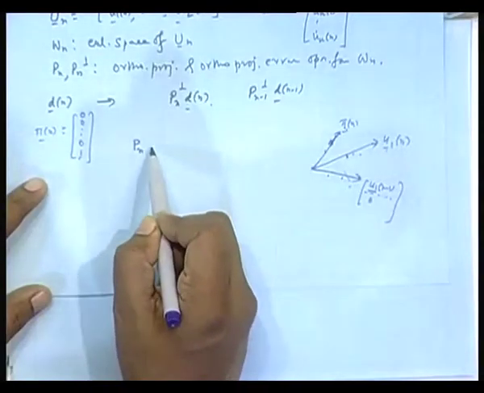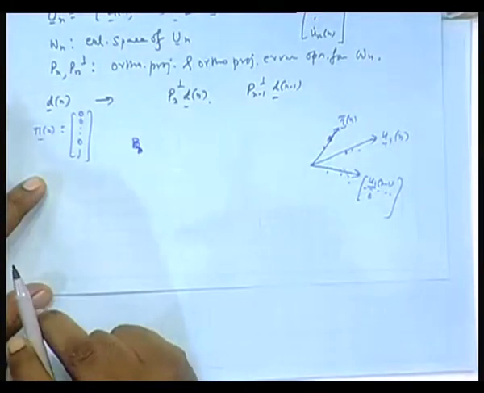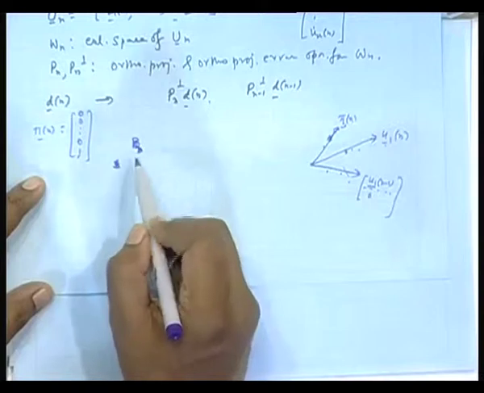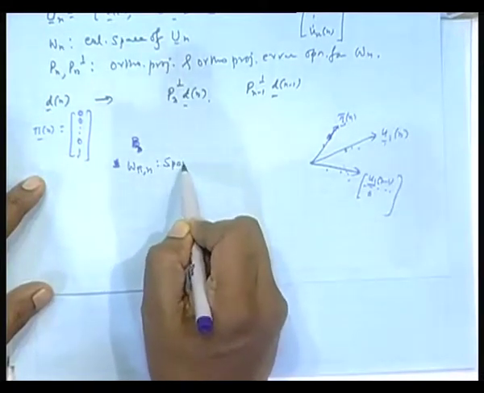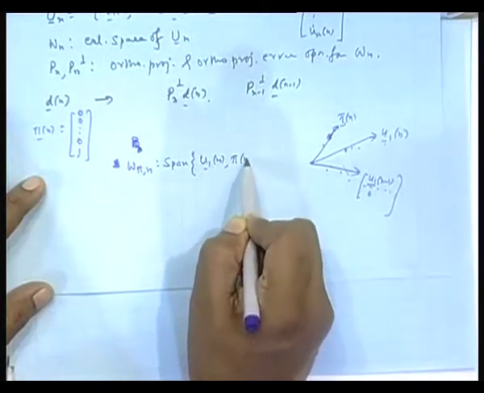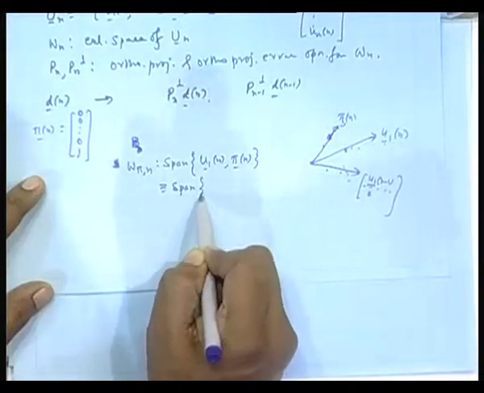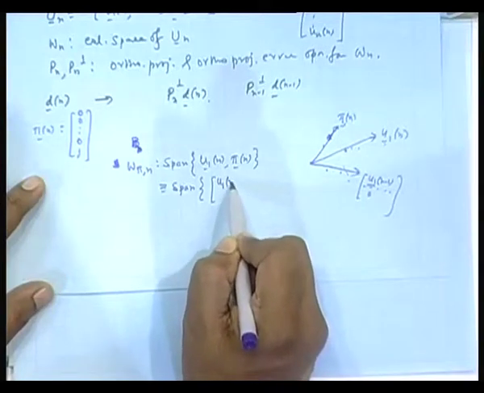Okay. So, first I write the span of, if I call it W pi n, span of, in this case, U1n and pi n vector, then this is equivalent to the span of these two fellows that we have proved just now.